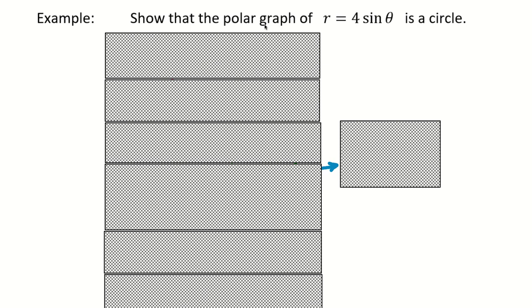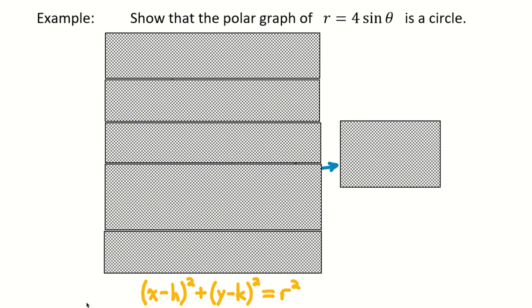Show that the polar graph of r equals 4 sine of theta is a circle. Well, what was the lesson where I showed you? Did you already see a video like this? You had to have, because I'm doing this in order. What lesson was this?